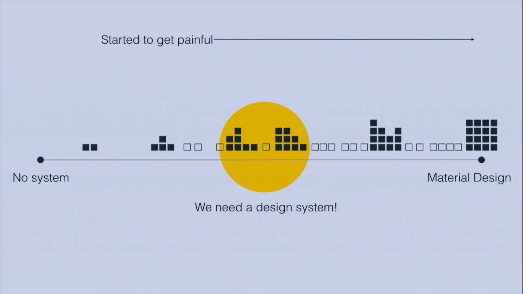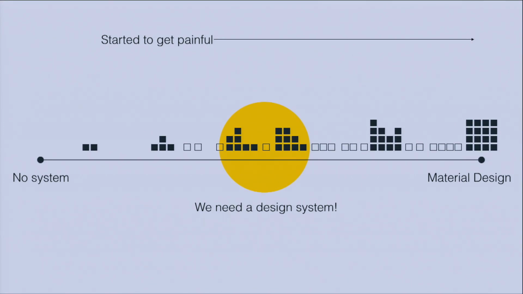it got to the point where the team was big enough and enough people had been touching the code base that it was starting to become slow to work in the front end. And the combination of some people feeling that pain and some people being enthusiastic and passionate to solve those problems is how we started to form a design systems team.